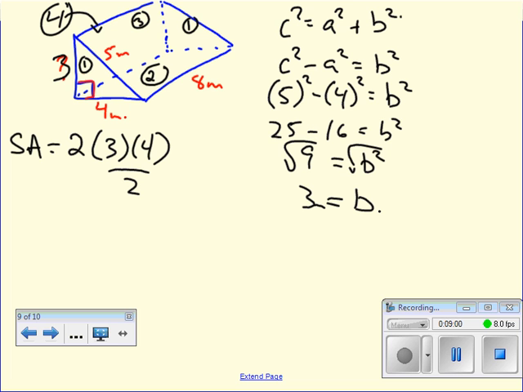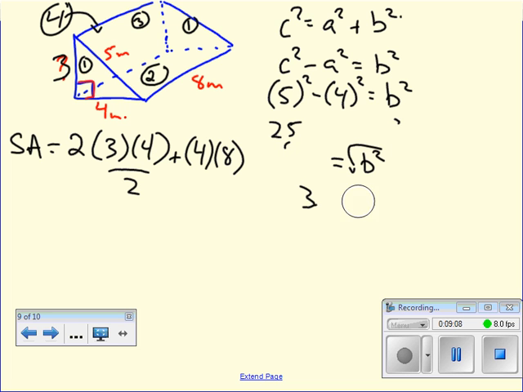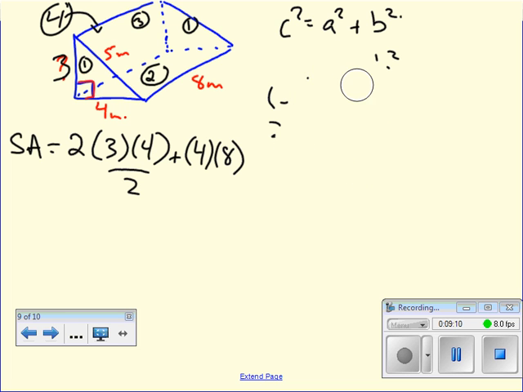Then I have my second one, which is the bottom, which is 4 times 8. And my 3 is my back one, so I have 3, which is this side, times 8. So that's this back part here.